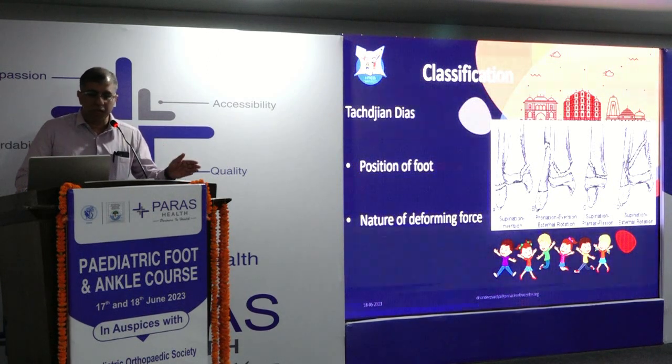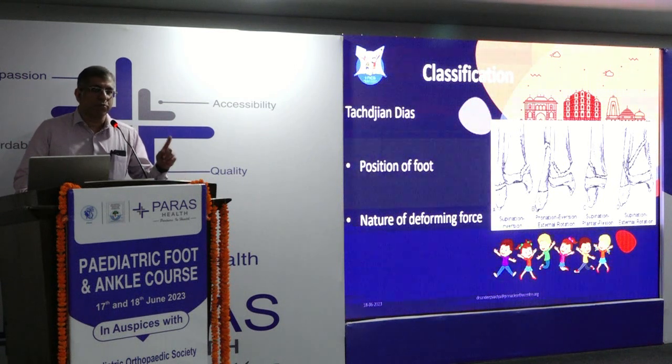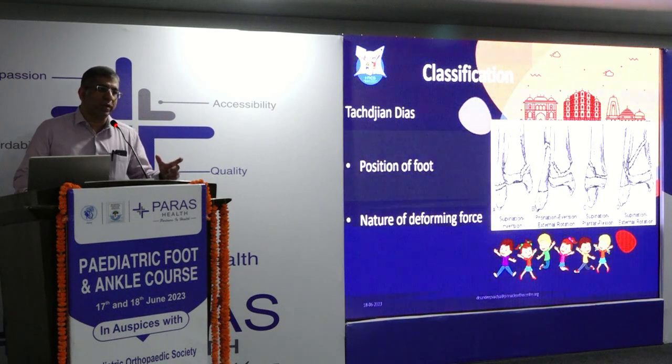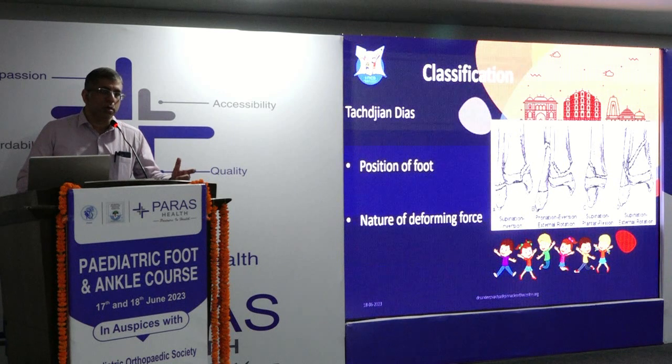So it's a supination inversion, or a pronation eversion external rotation, or a supination plantar flexion, or supination external rotation. Now, out of this, the first terminology, that is, supination or pronation, gives you the position of the foot when the deforming force was applied to the foot. And the second terminology tells you the direction of the deforming force.